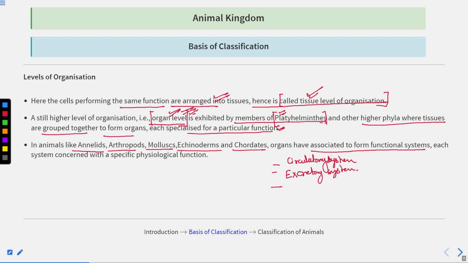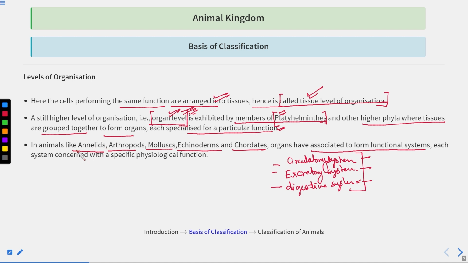Now they have the digestive system. So for different metabolic activities, they have different systems. For circulation, they have the circulatory system. For excretion, they have the excretory system. For digestion, they have the digestive system, right?